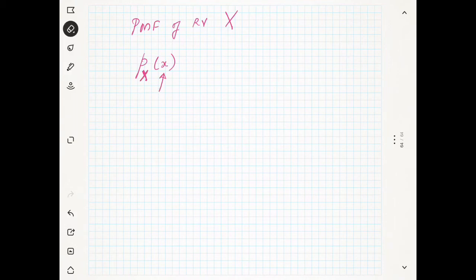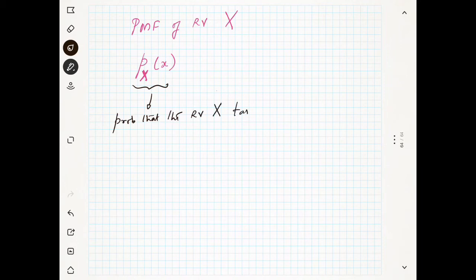That means it is the probability that the random variable x takes the value small x. We can also denote it like this. All are the same. So this is nothing but the probability mass function. I hope it is clear to you.